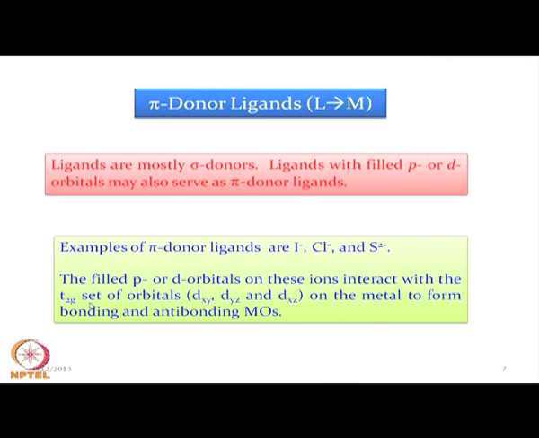So, they interact basically with the T2g set of orbitals on the metal to form the bonding and antibonding molecular orbitals. We allow these p and d orbitals from the ligand side to interact only with the T2g set of orbitals.